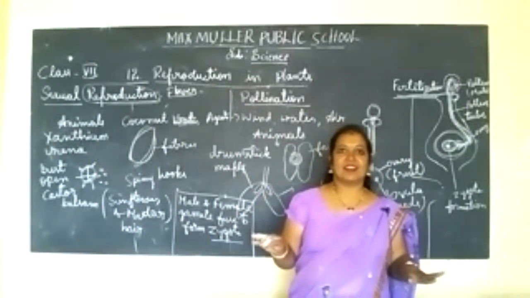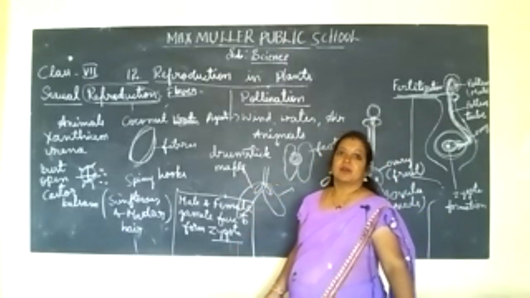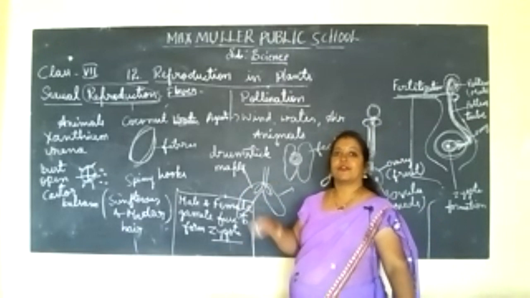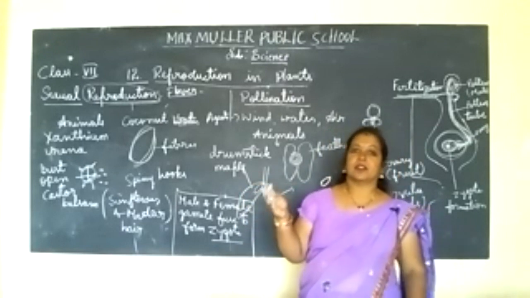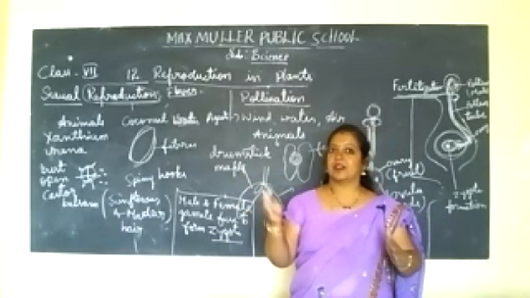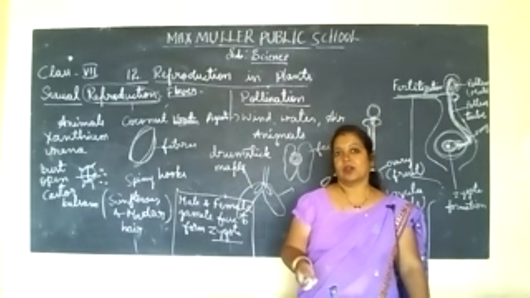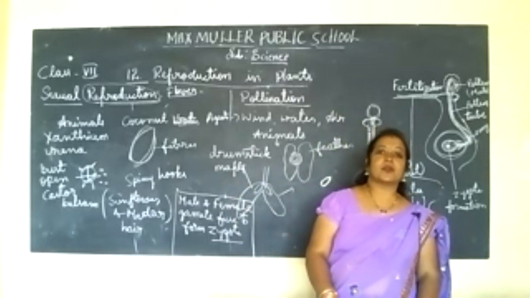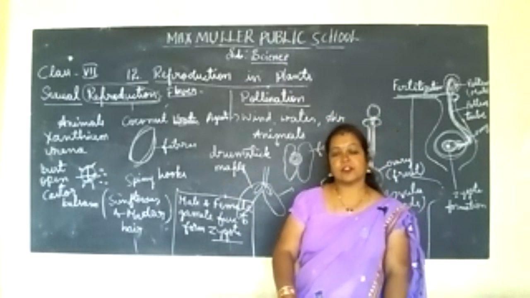Since they have hairs like wings, they are able to fly in the air and can be carried from one country to another, one state to another, over long distances. In this way, we can see seed dispersal in a few types of seeds.